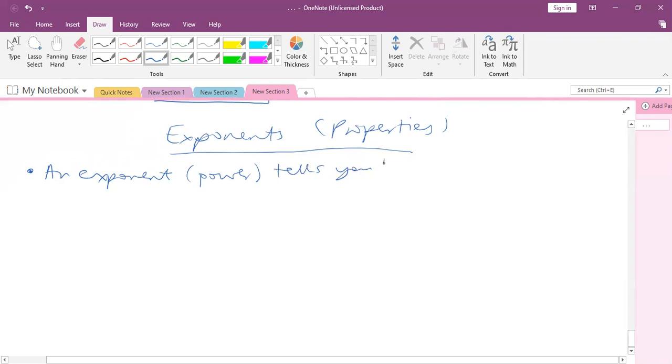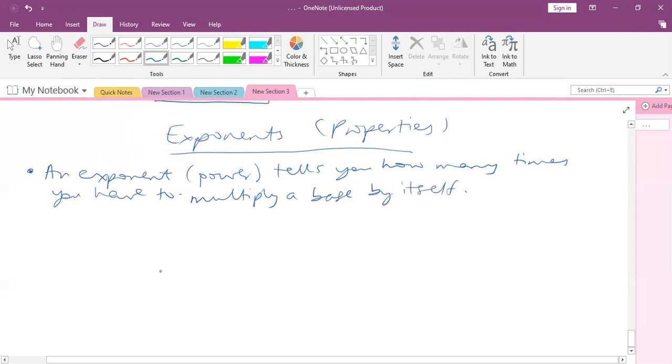Tells you how many times you have to multiply a base by itself. Okay, that's an exponent. Okay.